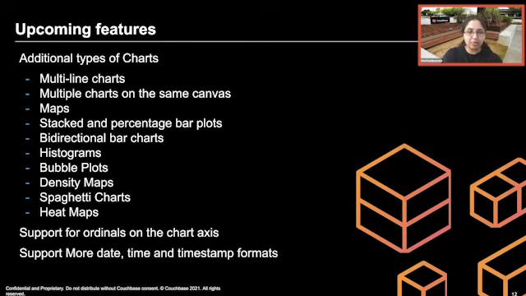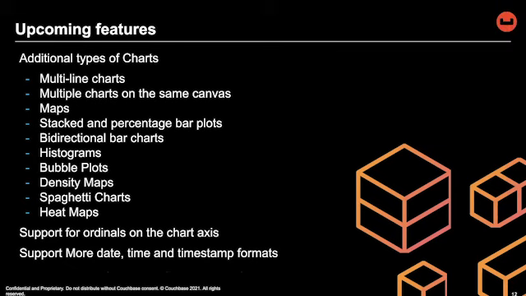We also plan to support more date time timestamp formats and maybe some other fun UI features. But that's what we have right now. Hopefully it'll help people understand their data in a more convenient manner, because they don't have to switch between the Query Workbench and a third-party tool like Tableau or Excel.